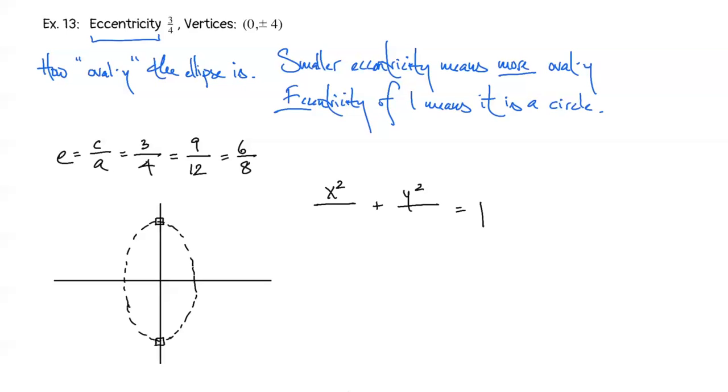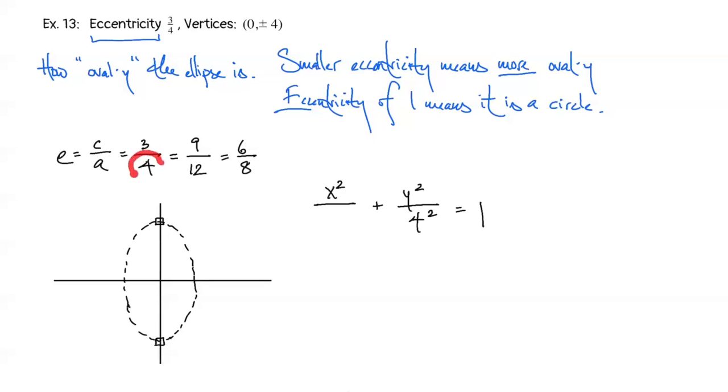It'd be 5 squared. I meant 4 squared, my bad. 4, okay, I was like, I don't see any 5s. I know it's been a long class, but yeah, the 4 squared. In fact, the 4 squared is going to go under y because we're going up and down 4. Right? Now 4 squared is going to be the bigger denominator.